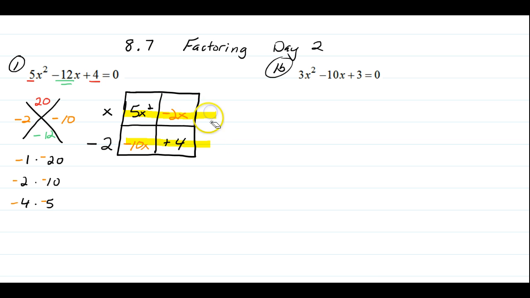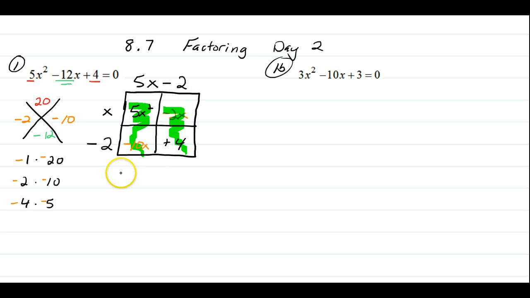Okay, now let's look at the columns. The small number can go into the big number, so it means we can pull out a 5. They both have an x, so it would be 5x. Again, the first number is negative, the second number is positive, so we want to pull out a negative, and then that 2 can go into 4.